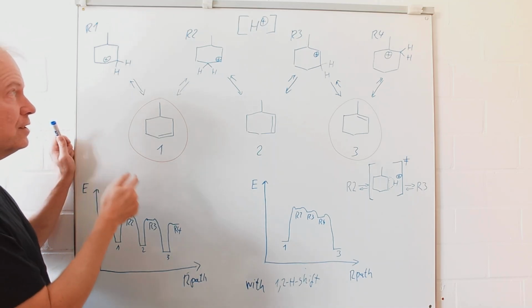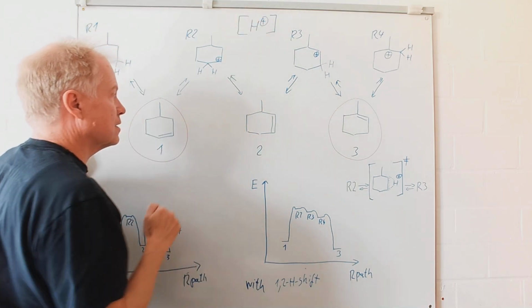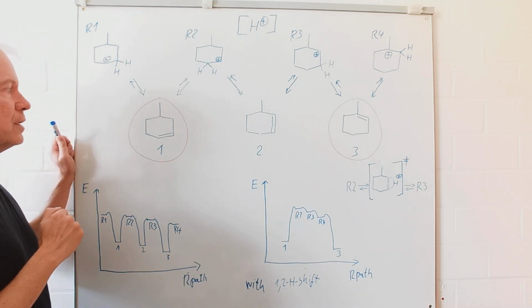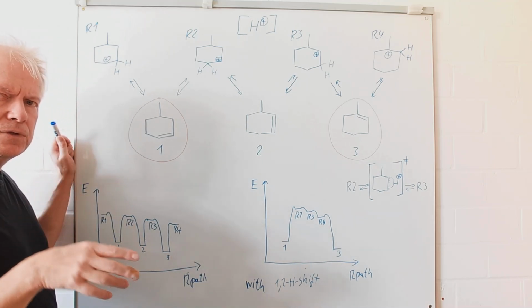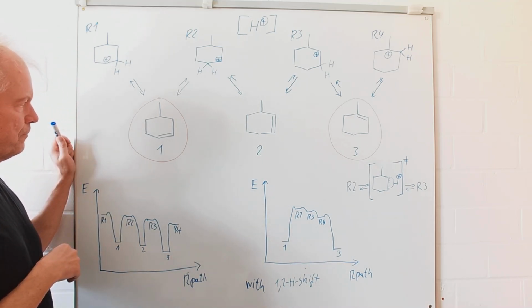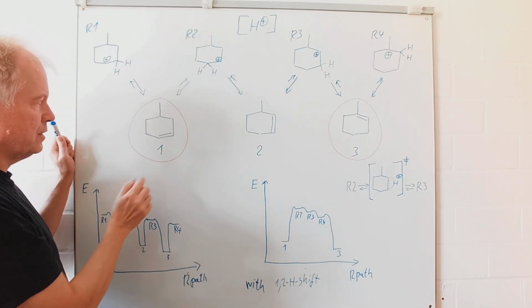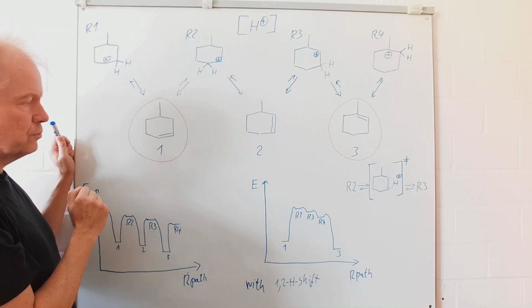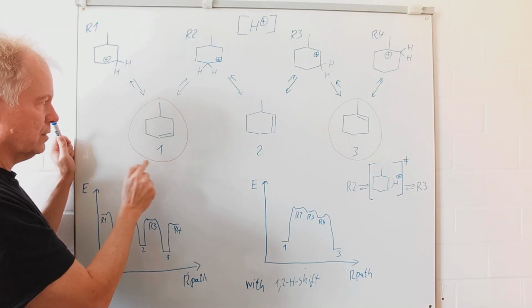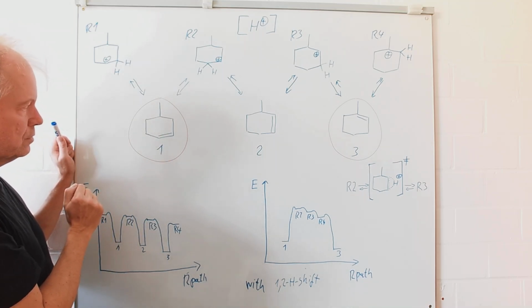And as I said, under acidic catalysis, this reaction is possible. And now we will have a look at the mechanism. So, acidic catalysis means the starting material, structure 1, is protonated.